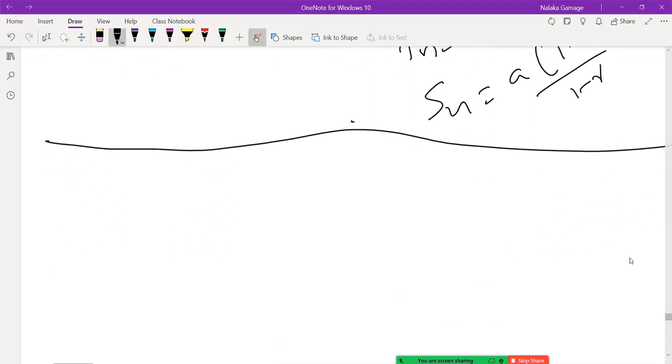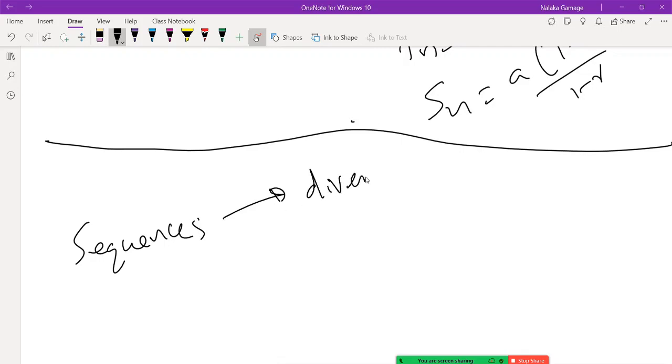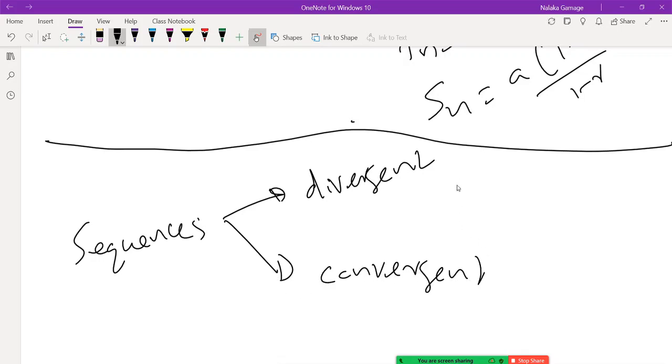Then we discussed the concept of convergence and divergence. Some sequences are divergent, some sequences are convergent. This concept is for infinite sequences, that means we have an infinite number of terms, not finite sequences.